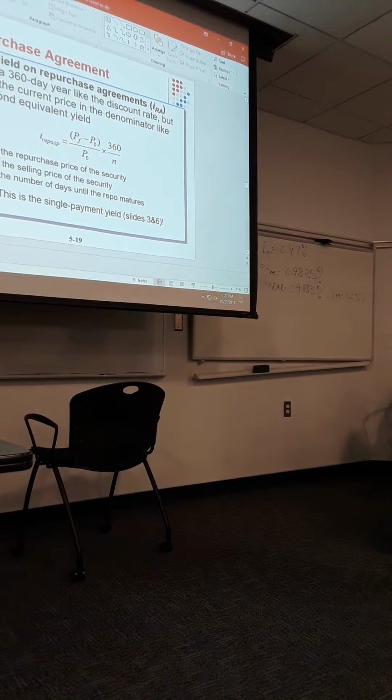Yes, $25 million is the par value or face value, and $24.95 million is today's price. So $25 million is the PF, and $24.95 million is the P0. How about N? For part A, 7, and part B it's 21.